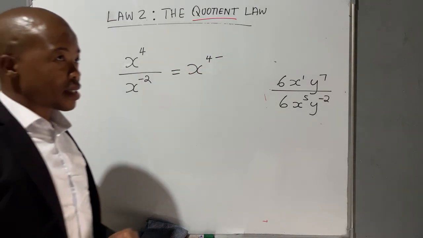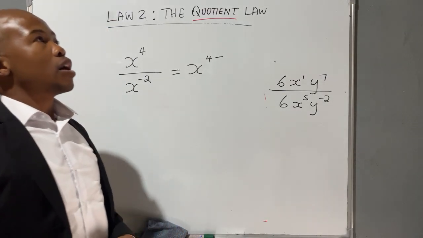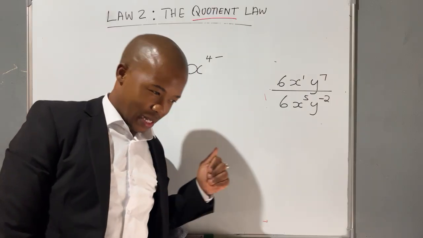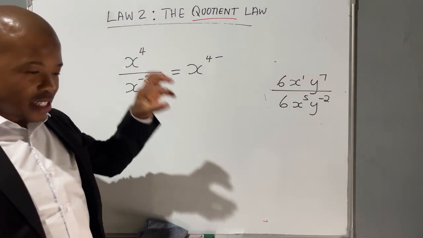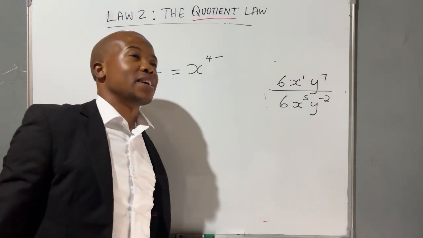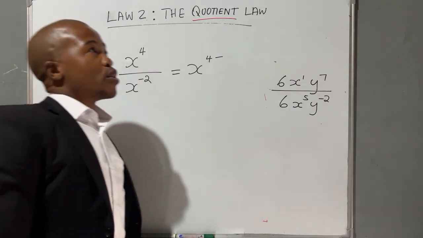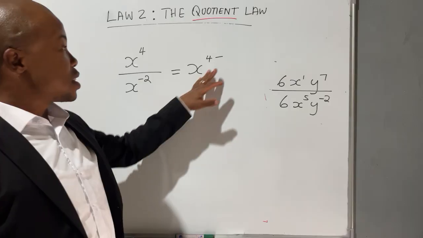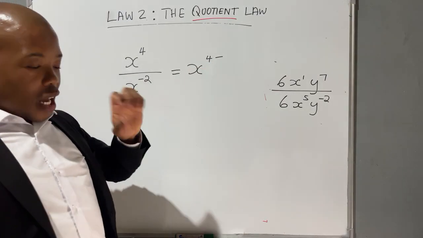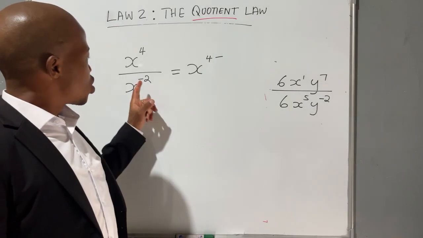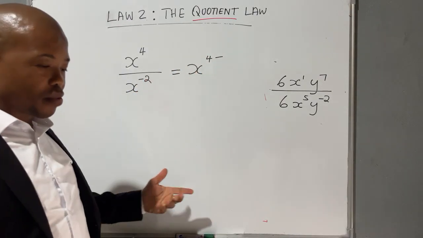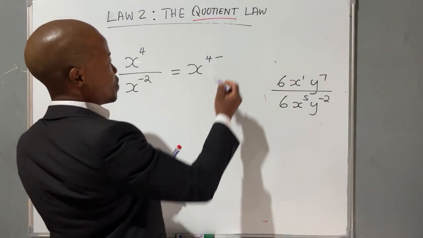I'm recommending that whenever you are subtracting, whatever you are subtracting, put it in brackets. That's what I'm asking. Because a lot of us make mistakes here. We forget that we are supposed to have 2 negatives. Instead, someone would just write 1 like this.